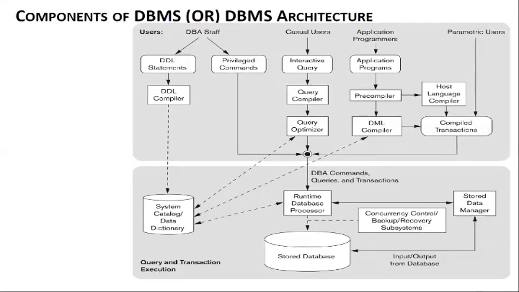We have discussed this topic in another video. What is concurrency control, what is backup, and what is the recovery subsystem? Concurrency control: if one or more transactions are trying to access the same data item, then you are going to restrict that. That we have discussed in the other video.